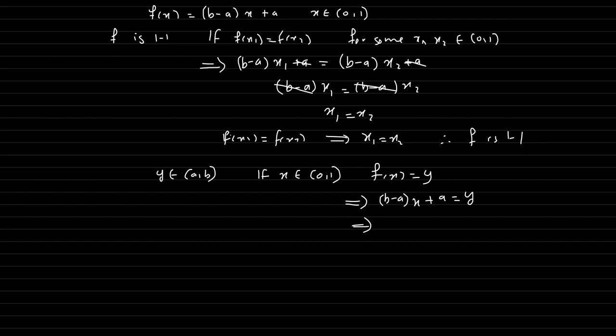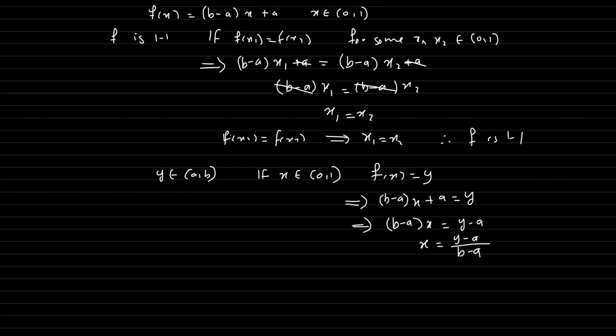Then which implies that (b minus a) x equal to y minus a, and here b minus a is a non-zero number, so x is equal to (y minus a) by (b minus a).